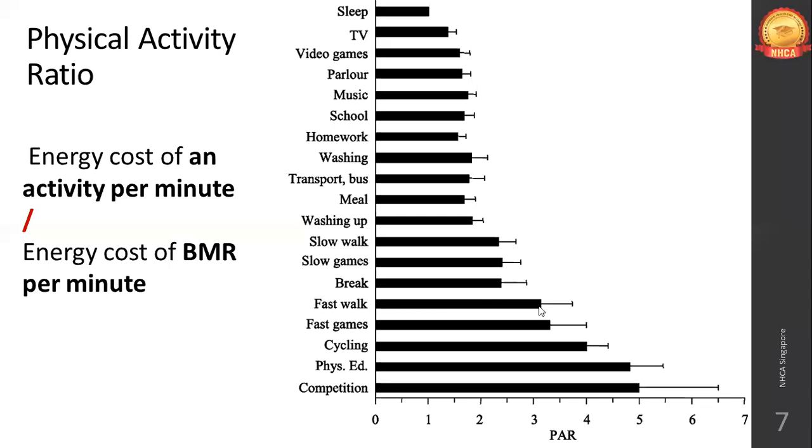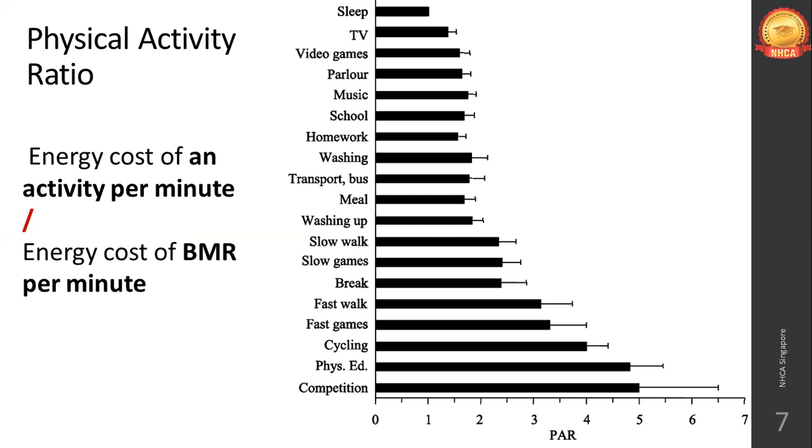For the physical activity ratio for karate, somebody has mentioned karate first. For judo karate, it will be around 5.2. I just Googled it. I got the answer. It is around 5.2.